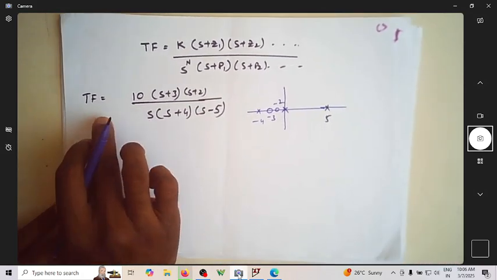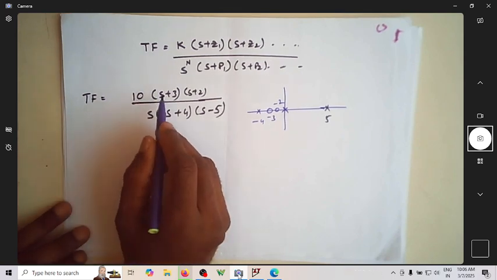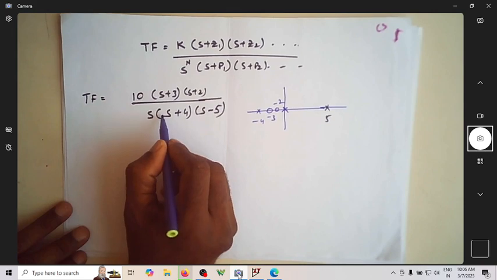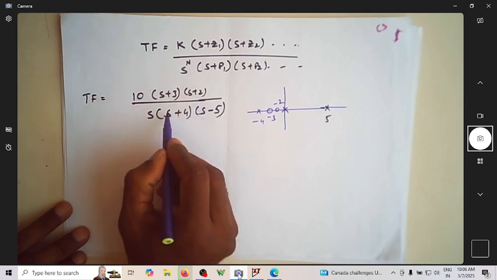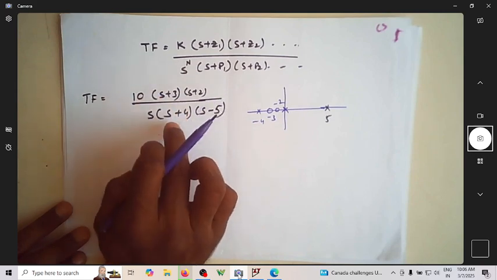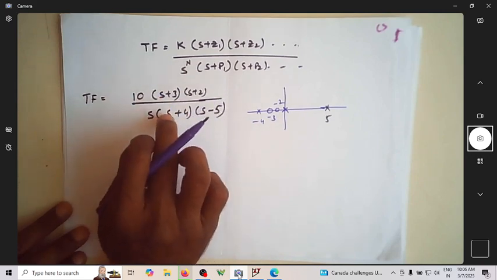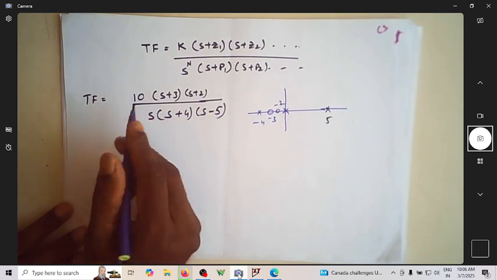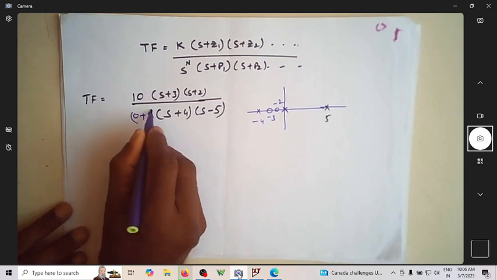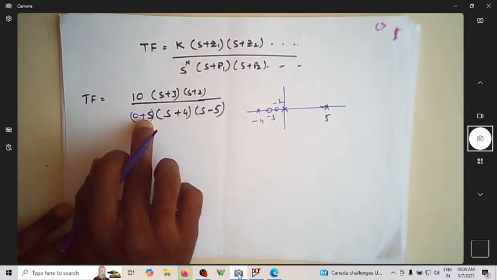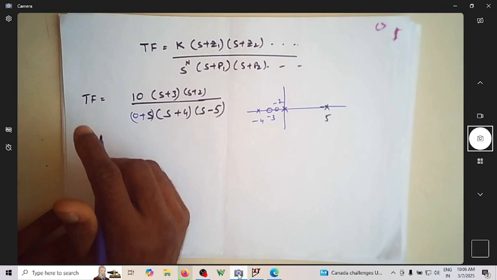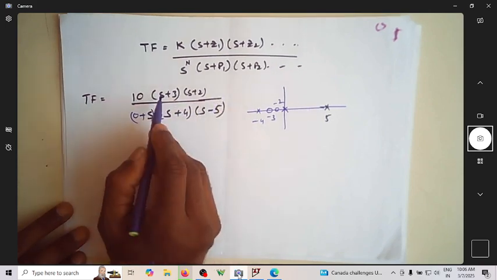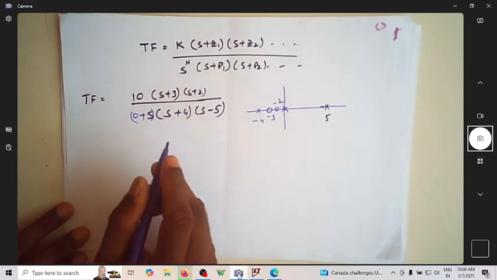In this type of representation of the transfer function, where you have s plus something in each factor, you can see the coefficient of s is always 1. You can treat the pole at the origin as 0 plus s.